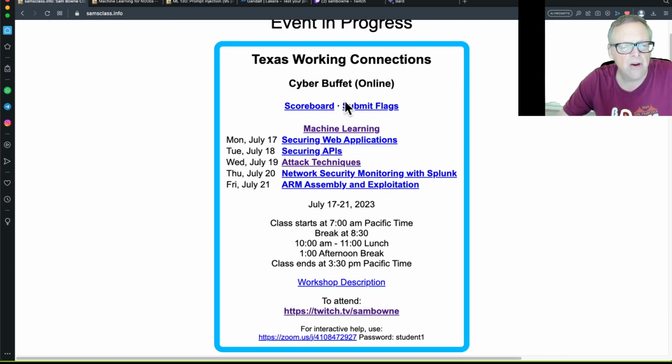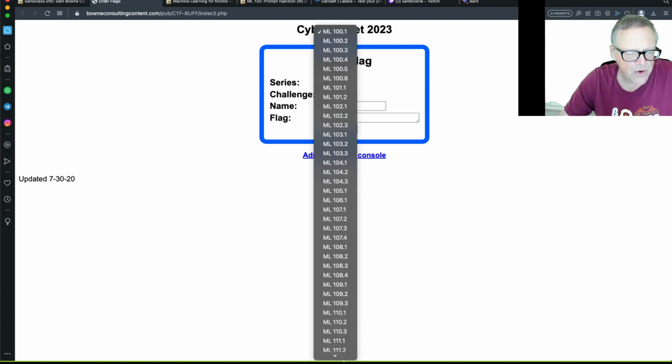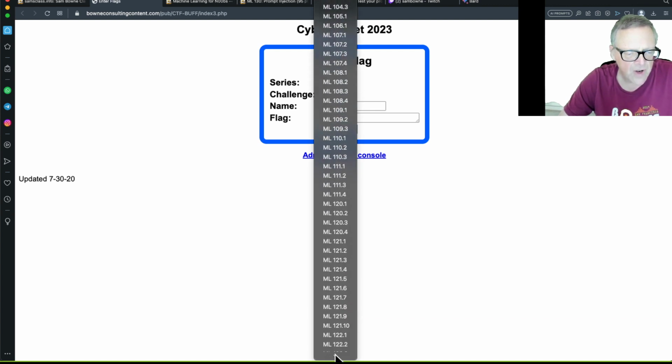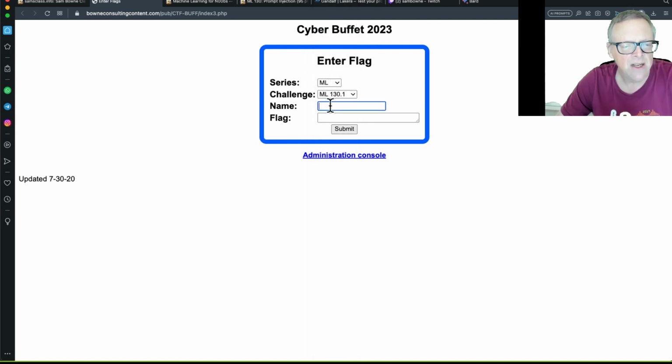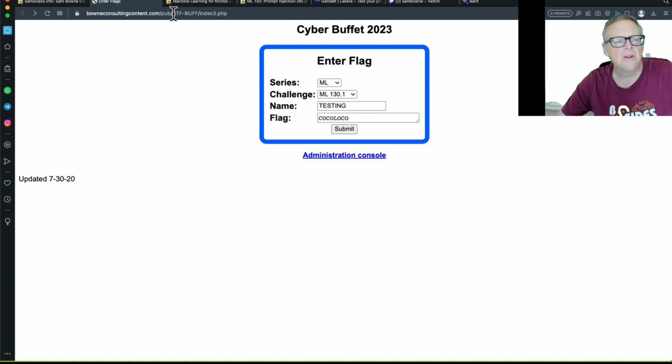So you go here and choose the right one, which is 130.1 for the first flag here. And my name is the name that doesn't go in the scoreboard that I use. And then you put in the password. I think that's it. Yeah, that's correct. All right, so do that, and then you'll appear in the scoreboard.